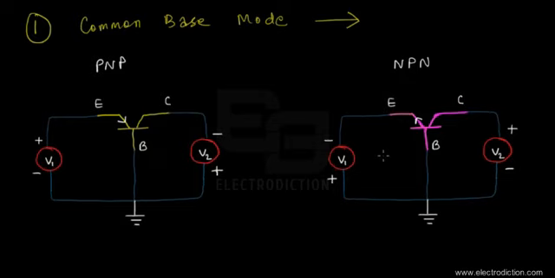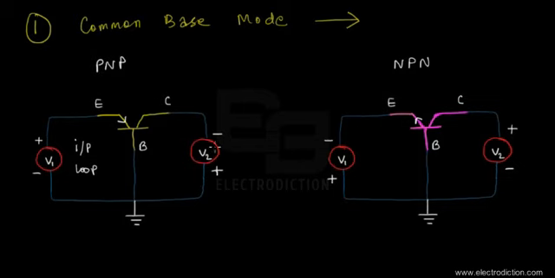If you take a look at the PNP type BJT diagram here, to the left of the base terminal, this part of the circuit where we have the emitter junction, the emitter terminal, and the V1 voltage, forms a loop, and that's known as the input loop. So I'm going to write that down. There you go, that's the input loop of this BJT circuit in the case of the PNP type BJT.